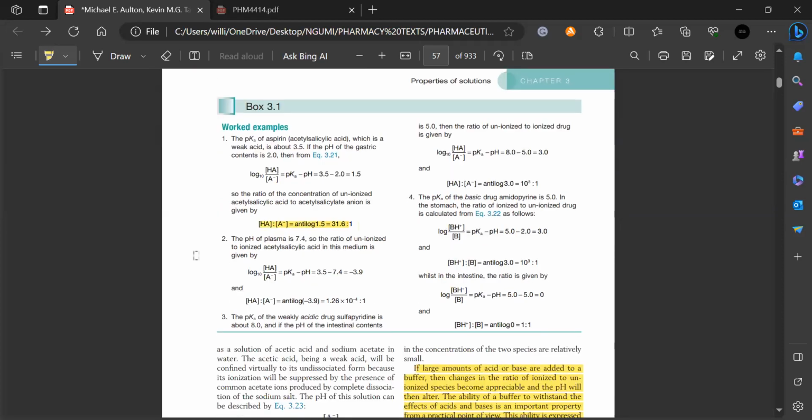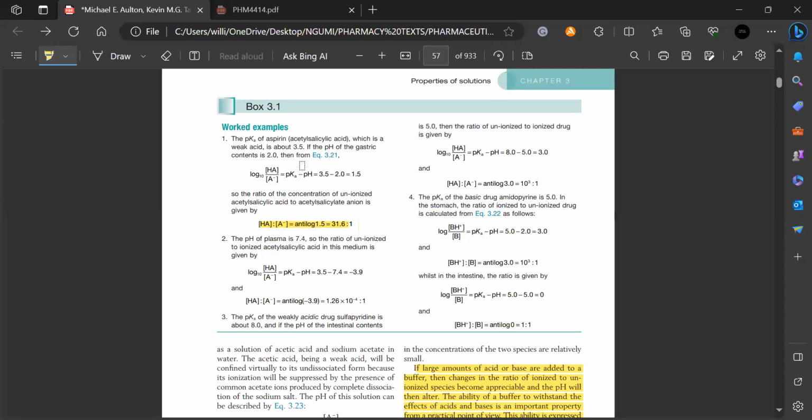We can also do the second one. pH of plasma 7.4. And we'll use the same pKa of this aspirin that we've looked at here, 3.5. So pKa minus pH, so 3.5 minus 7.4, sorry, plasma.